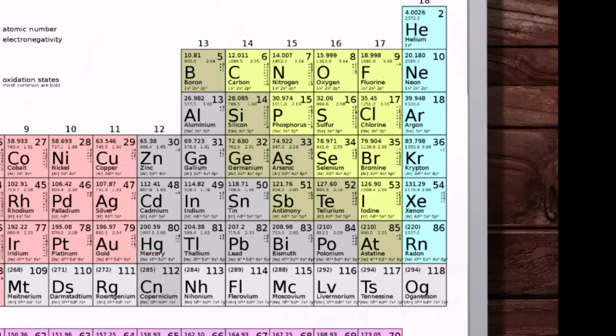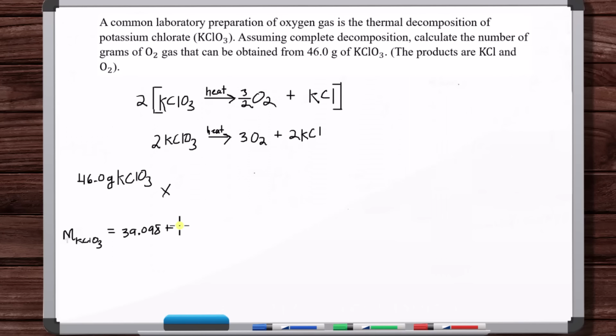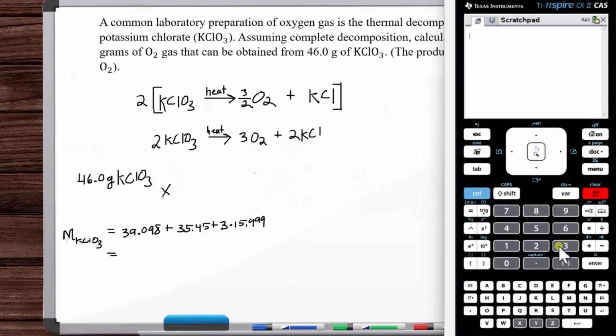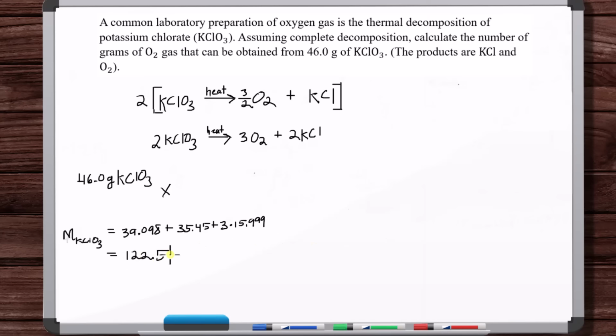Chlorine, 35.45. And oxygen is 15.999. Adding these up, 122.545 grams KClO3 per mole.